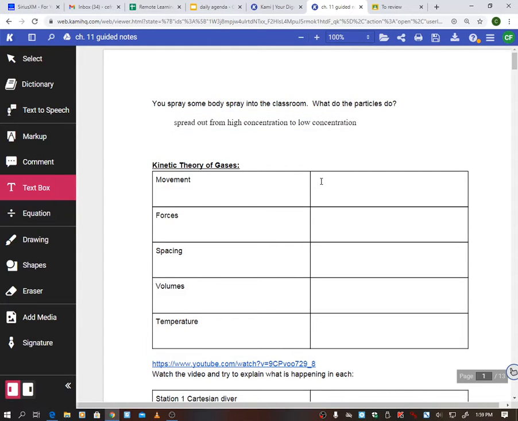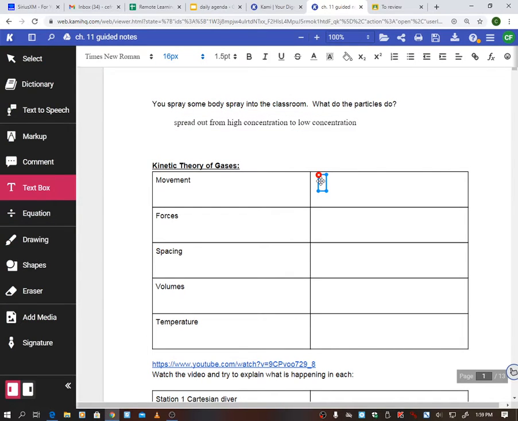For movement, how they explain what gases are doing is that they move rapidly in straight lines. Like the scenario from up above, if I sprayed that, those particles are going to go in a straight line, and as soon as they hit something, they bounce off into another straight line, and it just keeps doing that over and over.